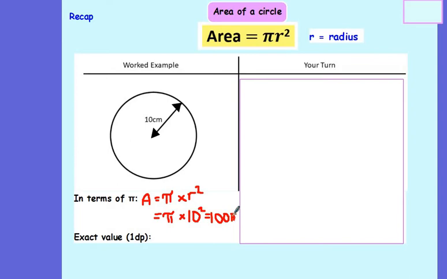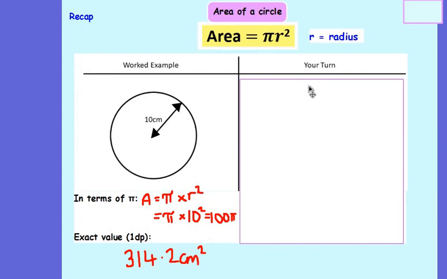If I wanted to write that as an exact value, I'd need to use my calculator, type in 100 times pi, and I get 314.2 centimetres squared.